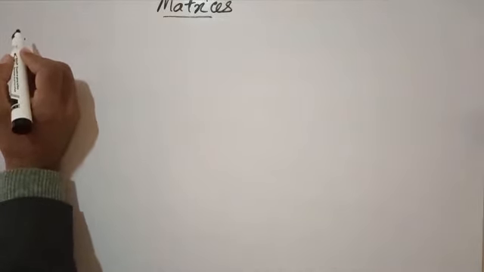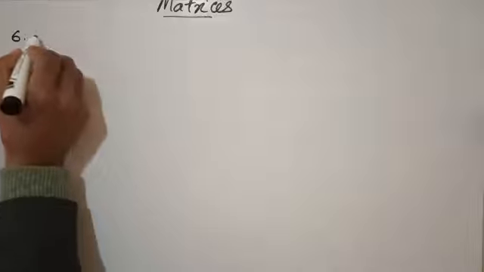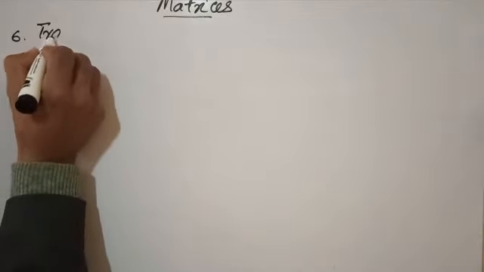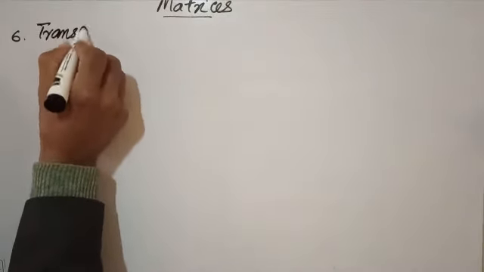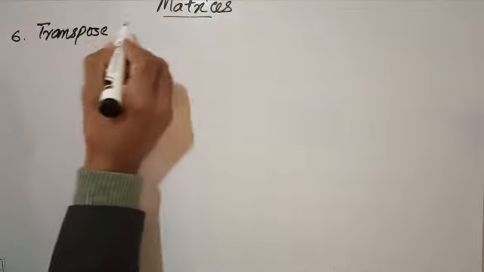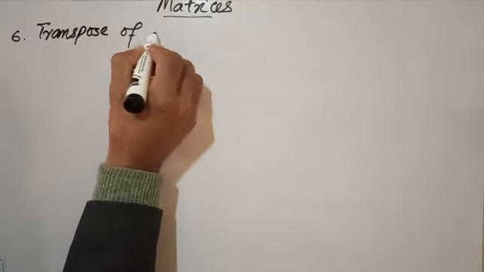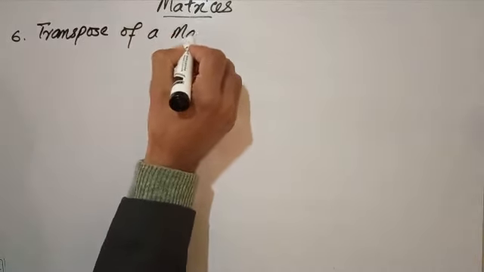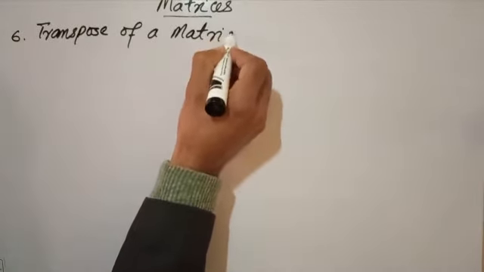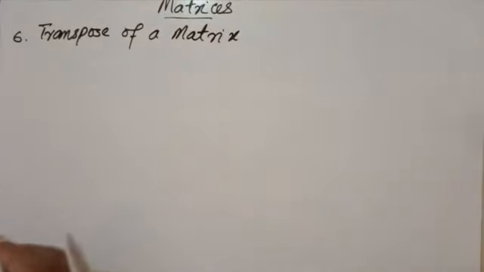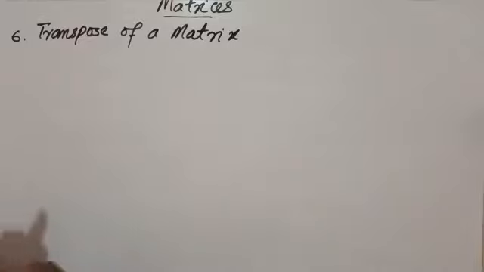Next we have transpose of a matrix. If we interchange the rows of a matrix into its columns, then the resulting matrix is said to be the transpose of the matrix.